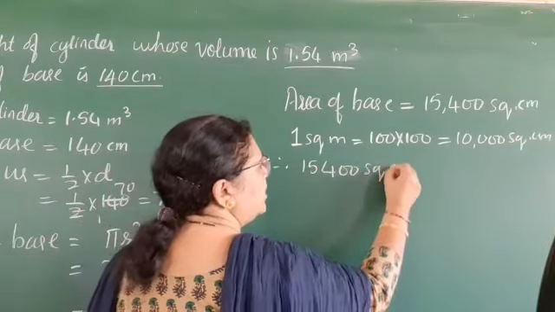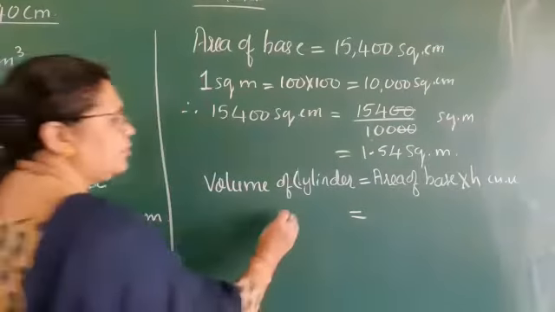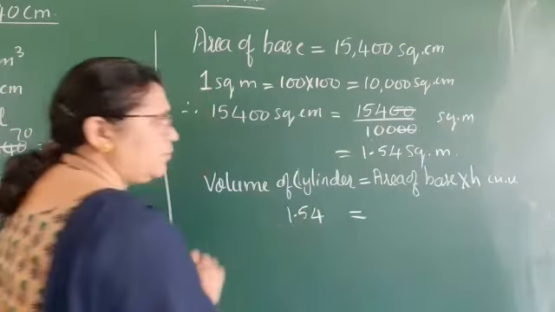Now we have to find the height of the given cylinder. Write the volume of the cylinder formula. Volume of cylinder is equal to area of base into height cubic units. So here volume is 1.54 cubic meters.